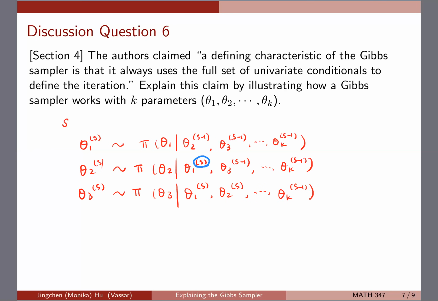So this is where you see that you are taking the current iteration draws of theta 1 and theta 2. If you keep doing that, the last one, theta k s, will be drawn from its full conditional posterior distribution, and now everything else is at the current iteration.